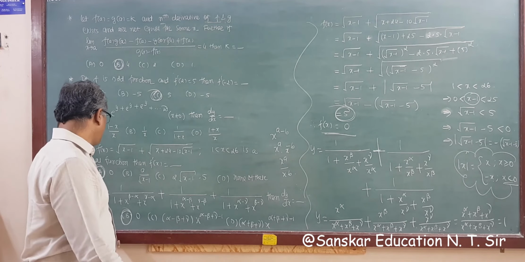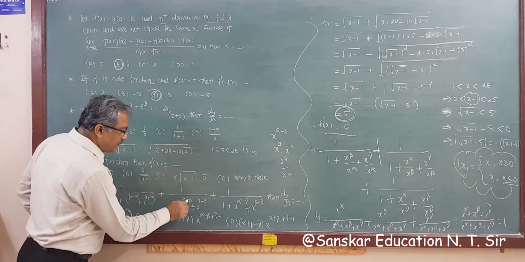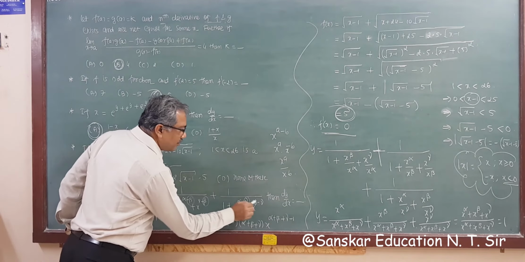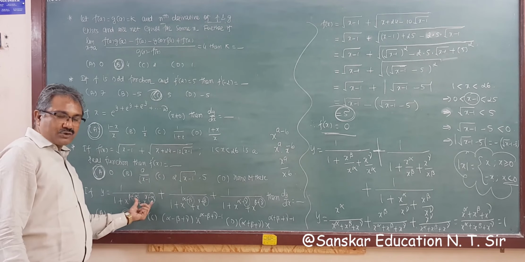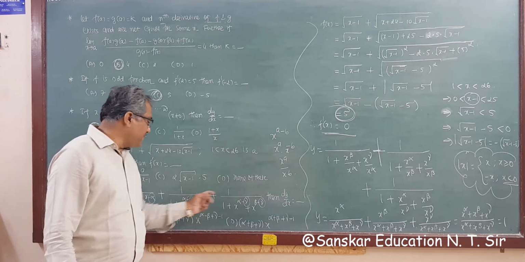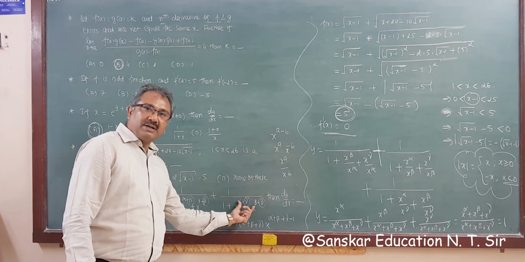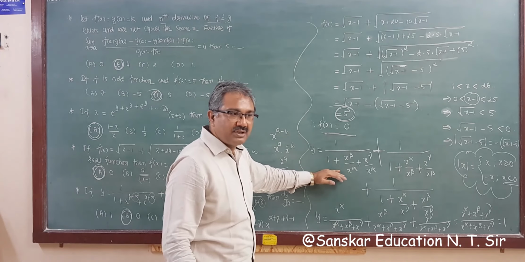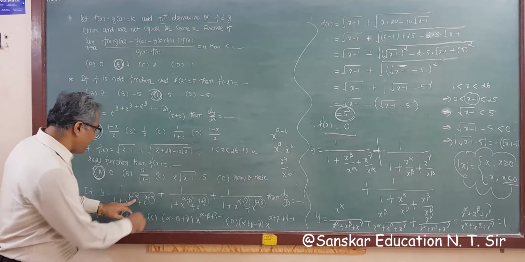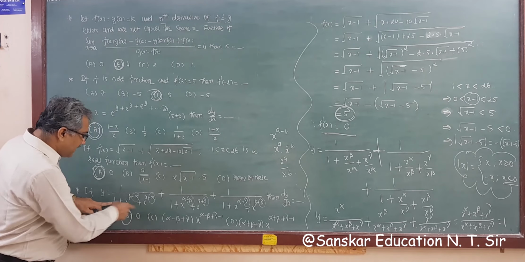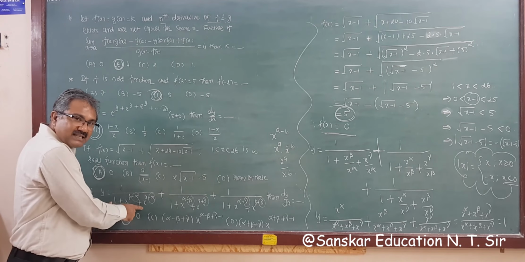Now see here, in this power all are alpha, here both are beta and here both are gamma. Here beta and gamma, so minus alpha. Here minus beta, so gamma and alpha are there, and here minus gamma, so alpha and beta. So if you write this term first, you can observe directly that this is x raised to alpha upon, if we multiply x raised to alpha here, x raised to alpha plus x raised to beta plus x raised to gamma.